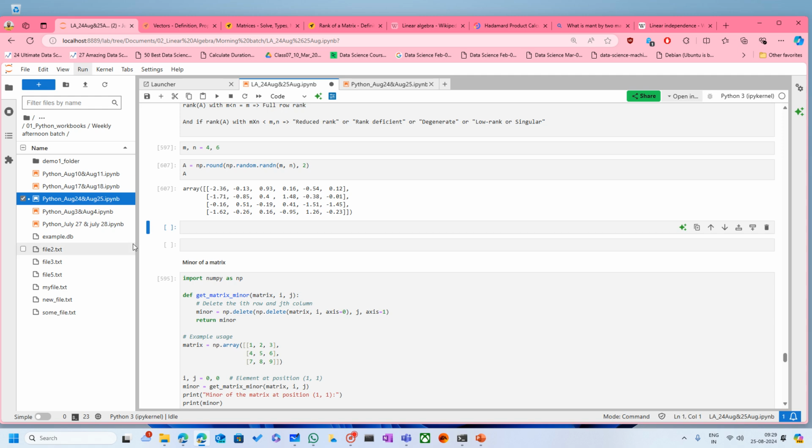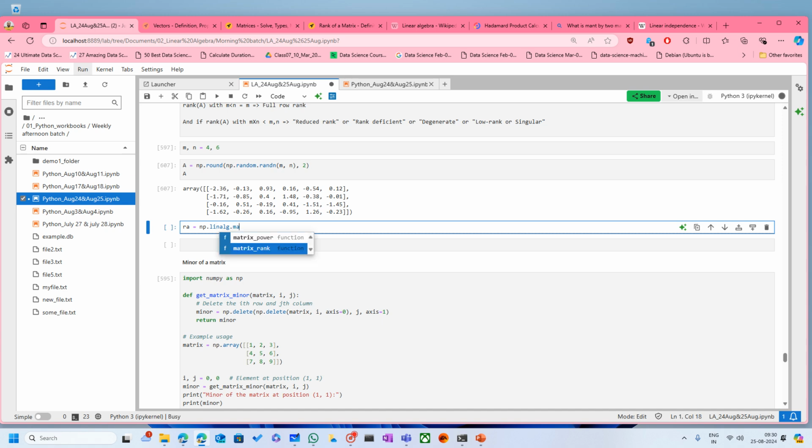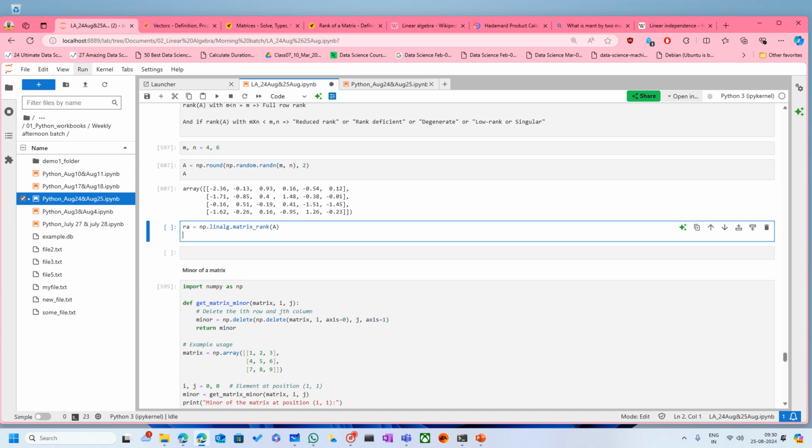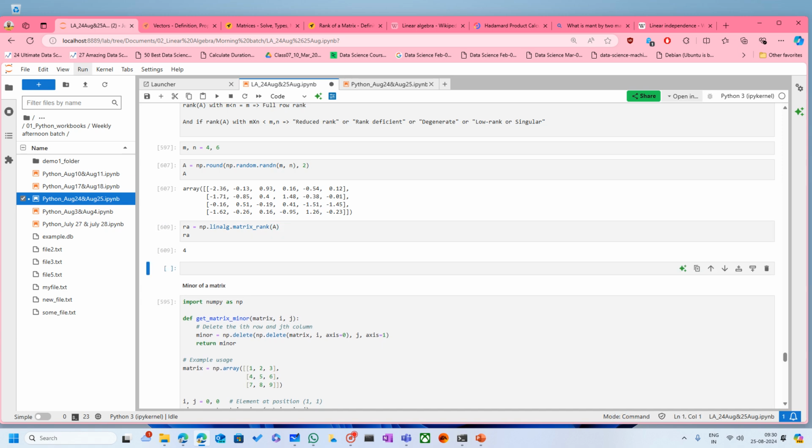That's enough for us. Yeah, much better. So once you have this array or the matrix, you can calculate np dot linalg dot matrix_rank of a. If you print ra, you'll get 4. So it has a rank of 4.